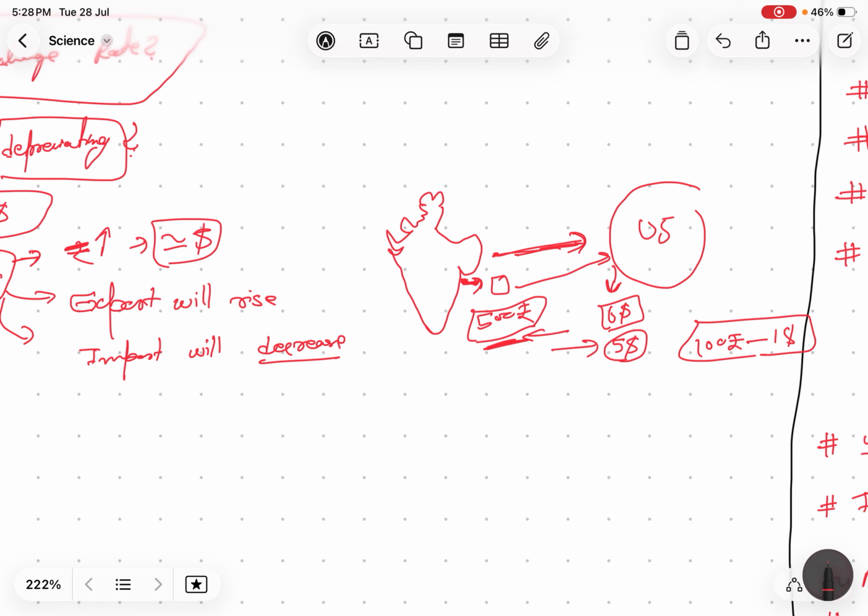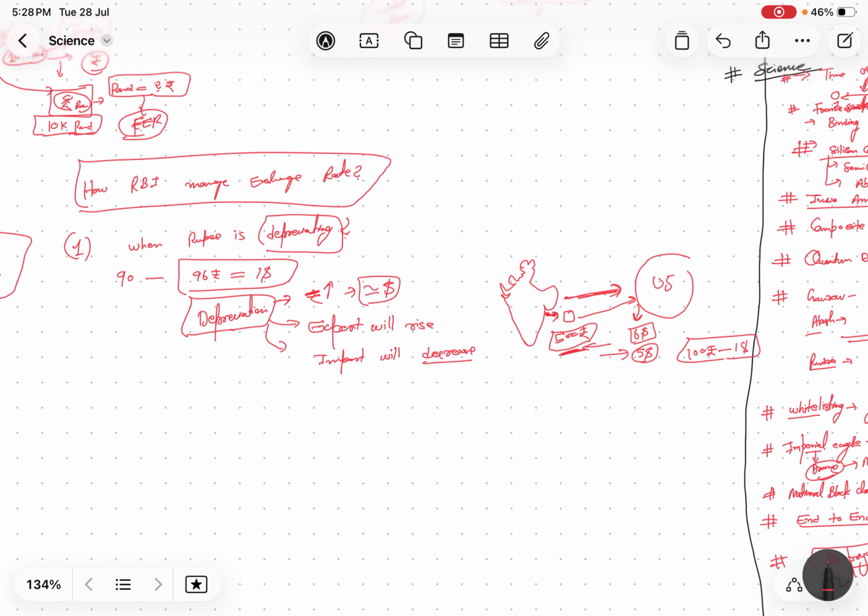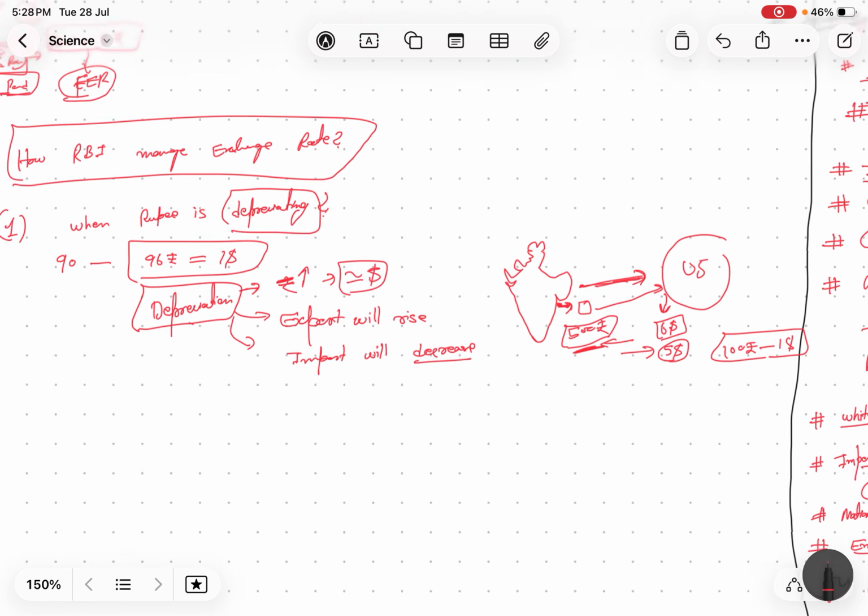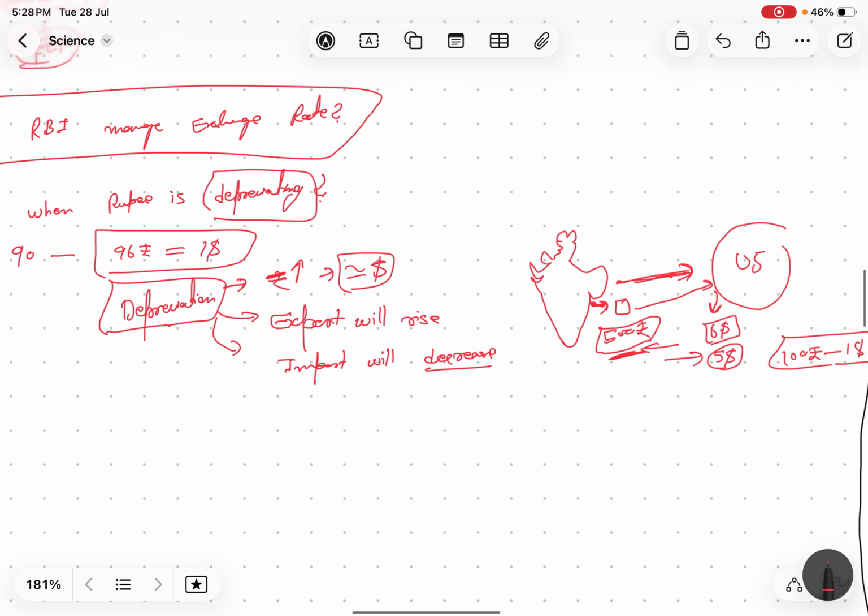So this is the benefit of why a depreciating currency is good, and why China always pegged their currency very low compared to the US dollar. This is the reason their products are in huge demand in the US market. And this is a simple economic principle: when the price of a particular item falls, the demand for that item with the same quality increases.